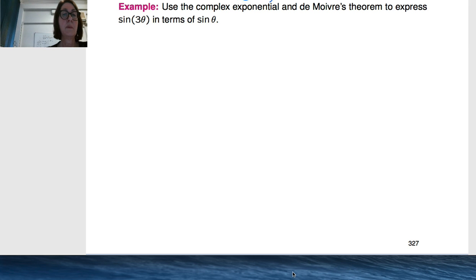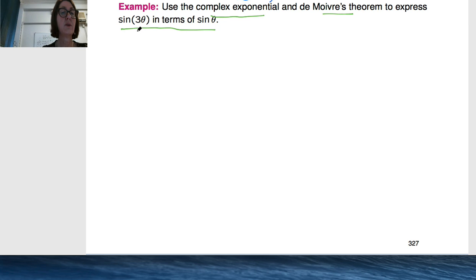Okay, so we're going to put a couple of ideas together now to answer this question. We want to use the complex exponential and De Moivre's theorem to express sine 3 theta in terms of sine theta only. So we want to change the argument here from 3 theta to theta. I've just written this from the previous page.